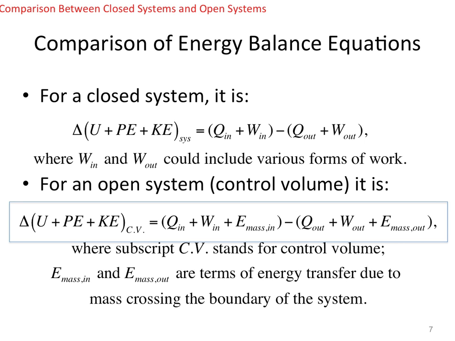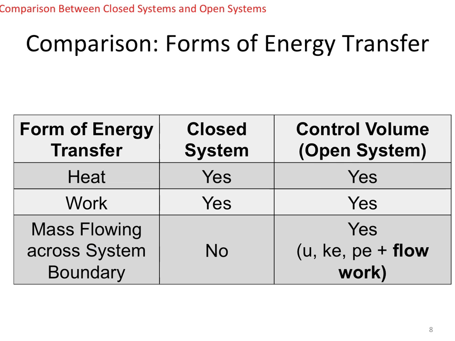The subscript CV stands for control volume. The difference here, comparing the two equations, is that for the control volume, we have an E mass term.